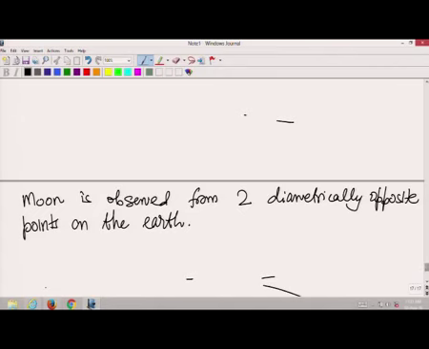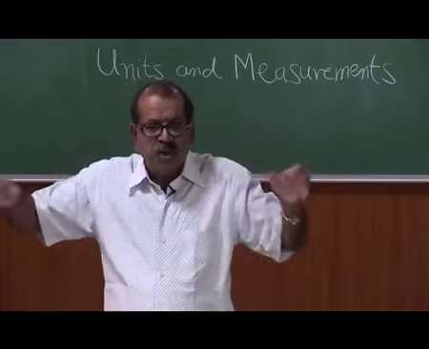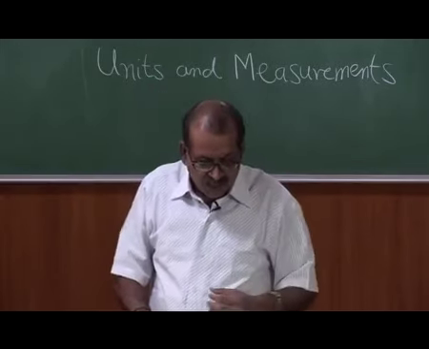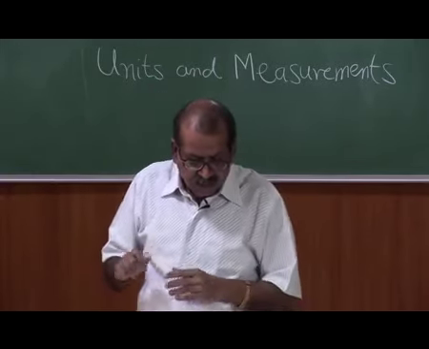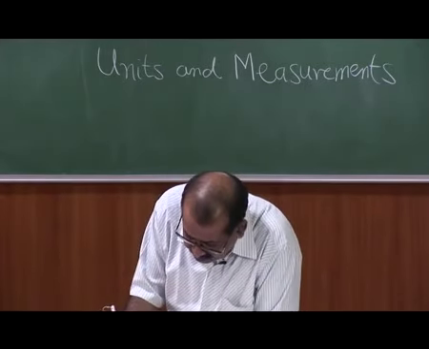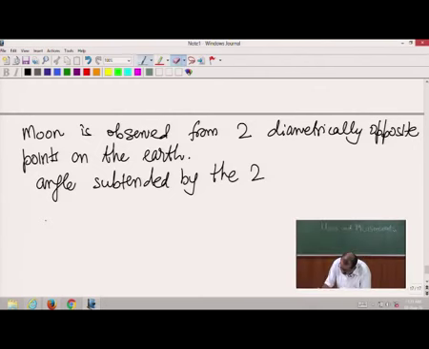And so, we observe moon from 2 points on earth which are on opposite ends of the diameter of the earth, and what is given to us is the angle subtended by the 2 lines of observation.